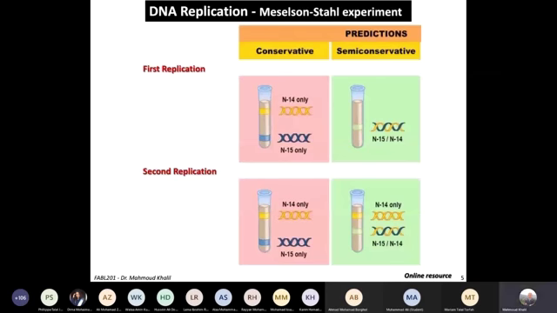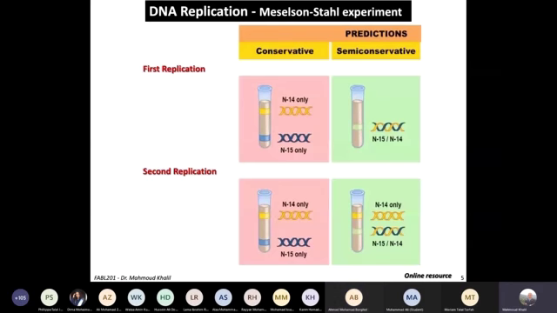In this case, it can emit some radioactive properties and can be detected. That's why it's heavier when you do centrifugation. Okay, thank you. You're welcome.